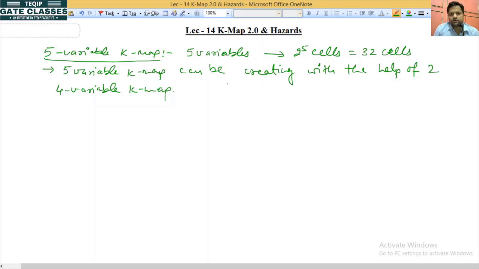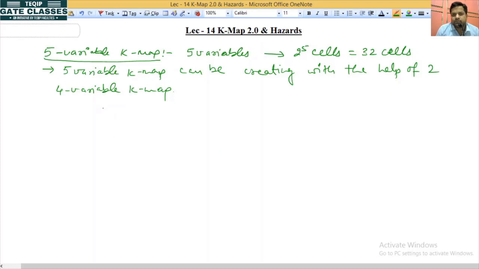So for two 4 variable K-maps we have 16 plus 16, total 32 cells, and in a 5 variable K-map also we have how many cells? 32 cells. Okay.